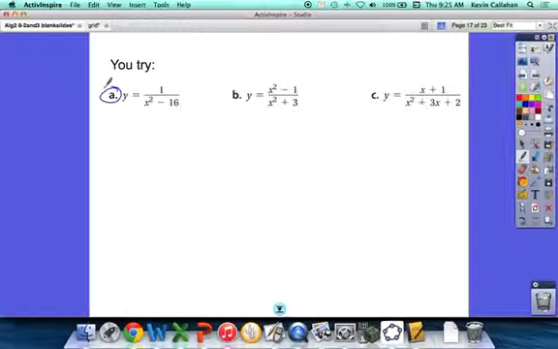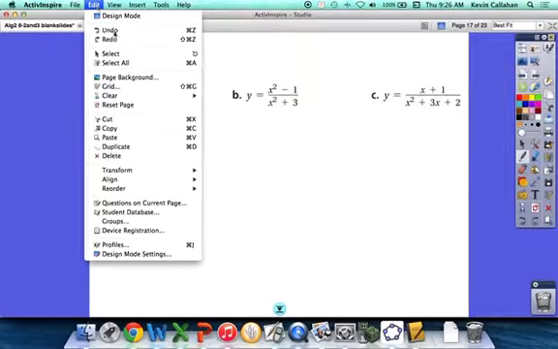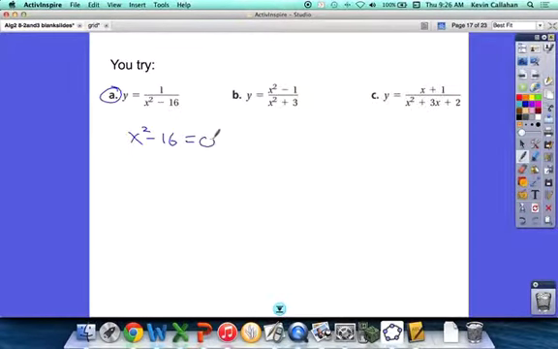What's that called in the denominator? x squared minus 16. You just need to use that. That's what you're solving. You could solve by factoring, or isolating the x squared and taking the square root.